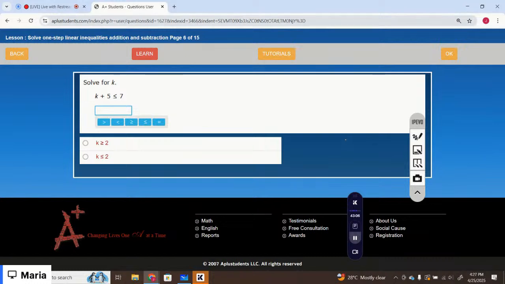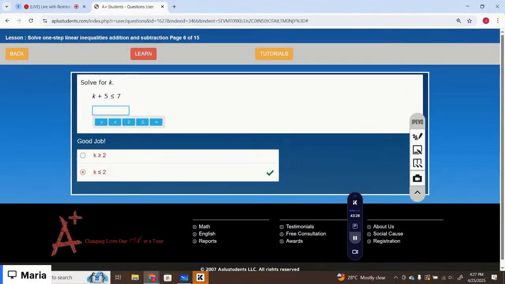K plus 5 is less than or equal to 7. K is less than or equal to 2. Option number 2 is the correct option.